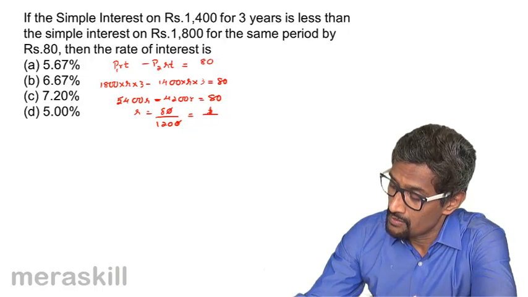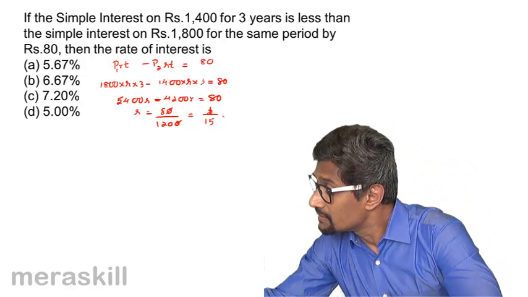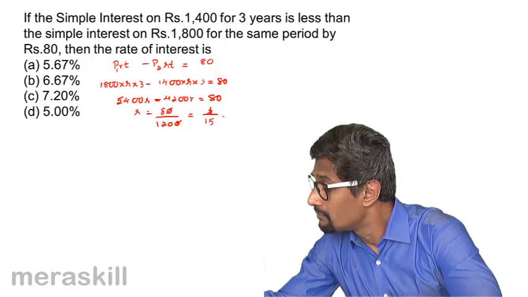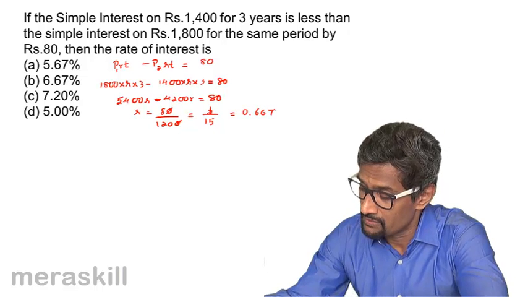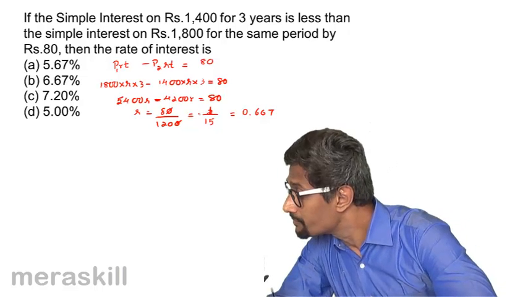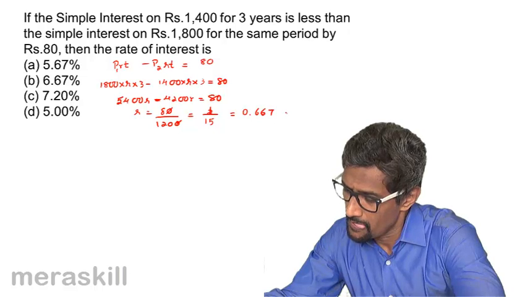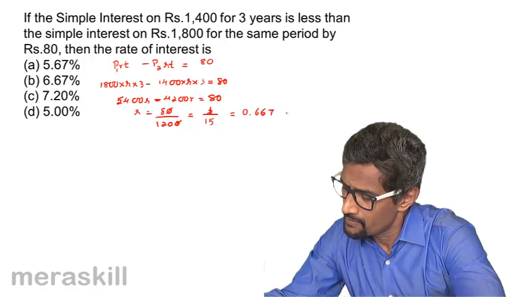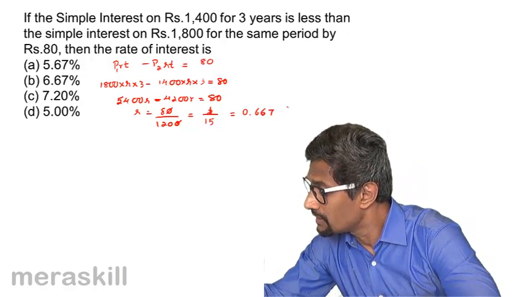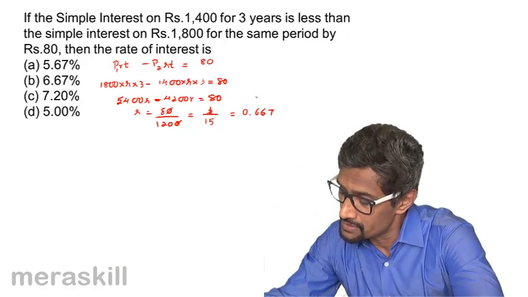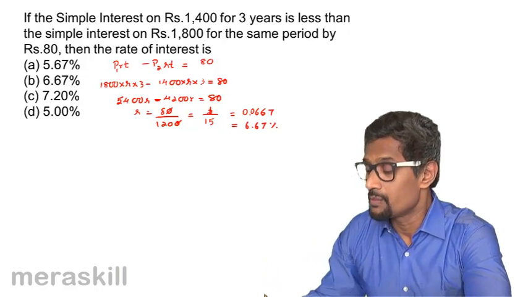Which turns out to be 1 by 15, which turns out to be 0.0667, that's nothing but 6.67% roughly.